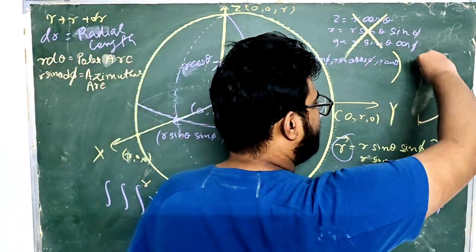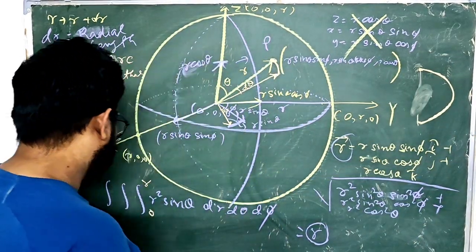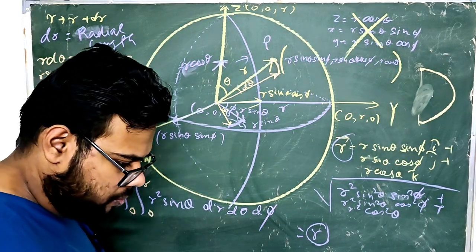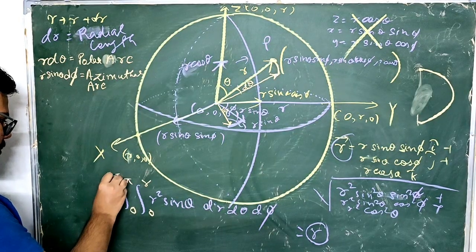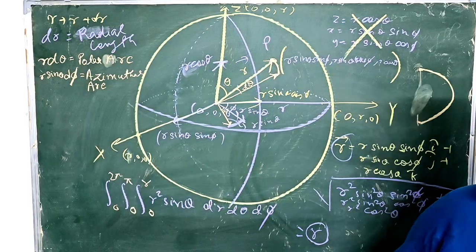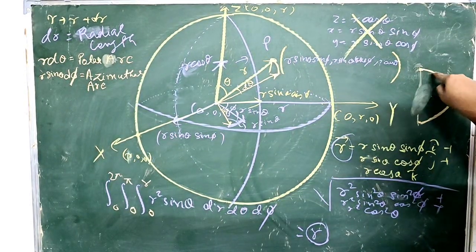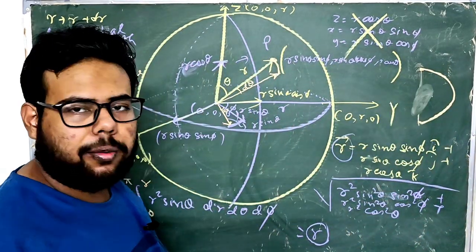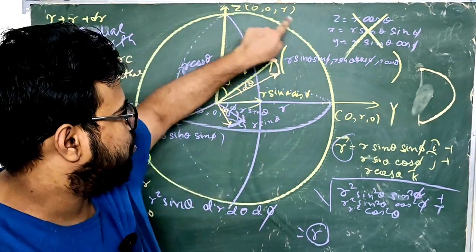Going from this angle, it is going from 0 to pi, correct? Why 0 to 2 pi and why 0 to pi? So it was going from 0 to pi, right? When this angle goes from 0 to pi, you get a semicircular arc. Okay, so you will get this region, this semicircular arc you will get.